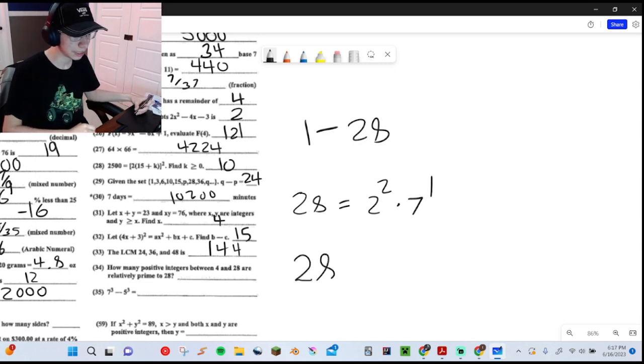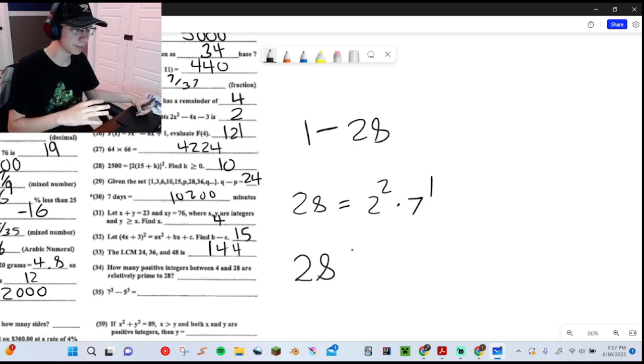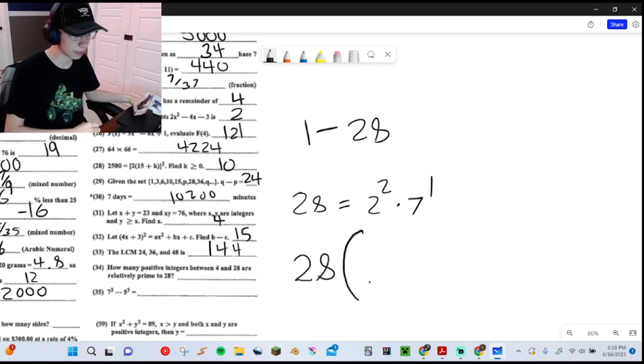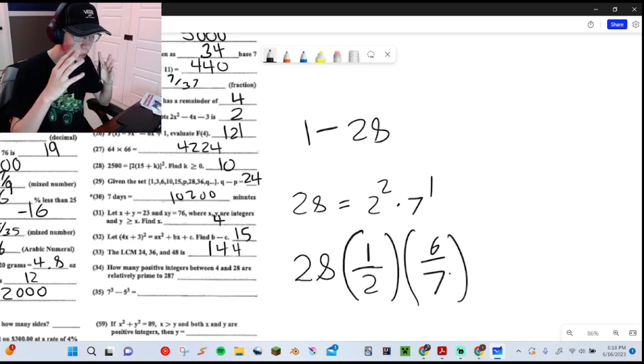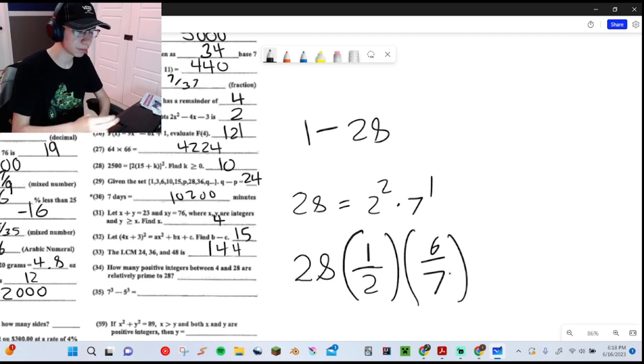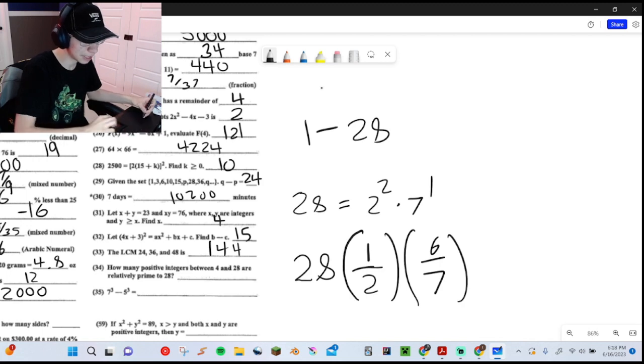To get how many integers between 1 and 28 are relatively prime to 28, I'm going to multiply 28 by the reciprocal of 2. Not the reciprocal of 2 necessarily, but it's going to be like this number. I guess I could write it like this. This is a better way to write it.